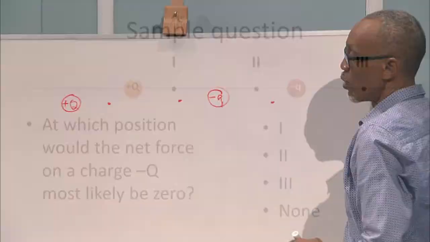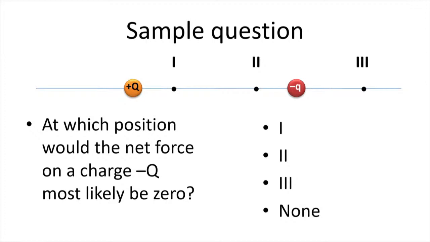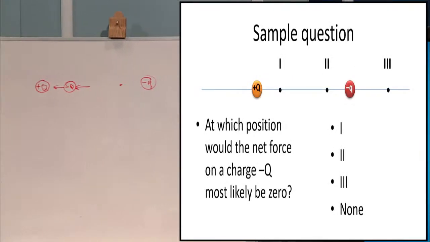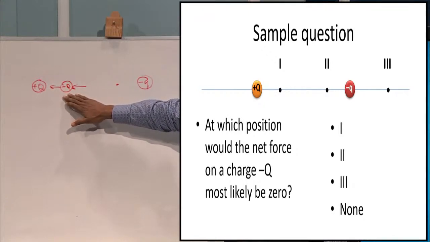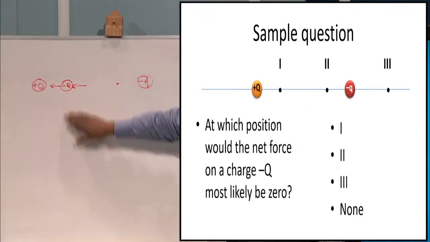And so if I put a negative Q here, then this charge will give it a force that way, and this negative charge will push it this way. All right? So that is what that charge, negative Q, will experience at this position. So these two could never add up to 0 because they're both in the same direction. So it can't be this.